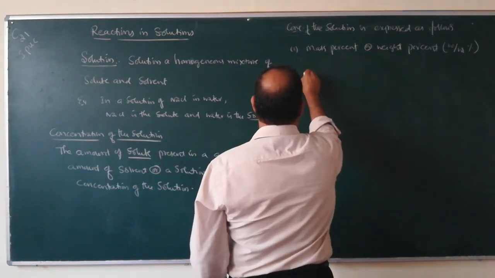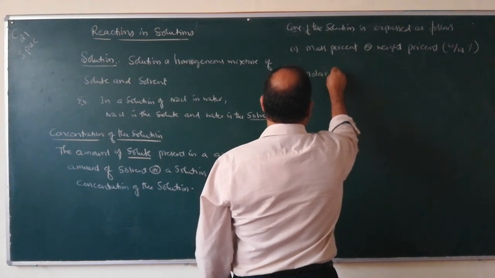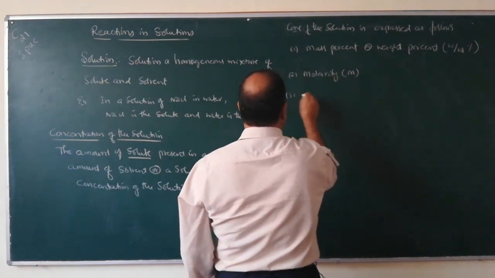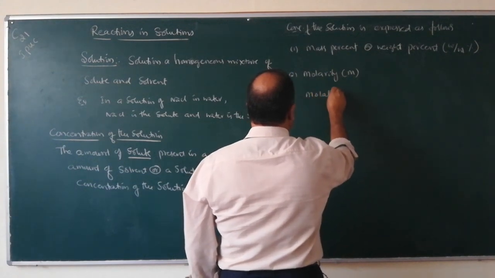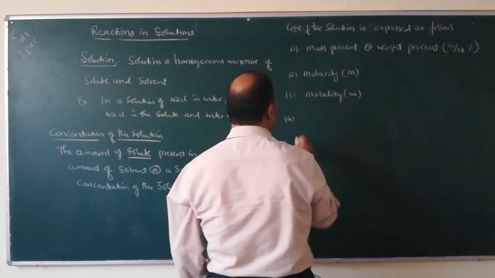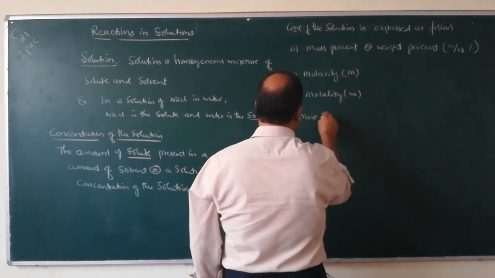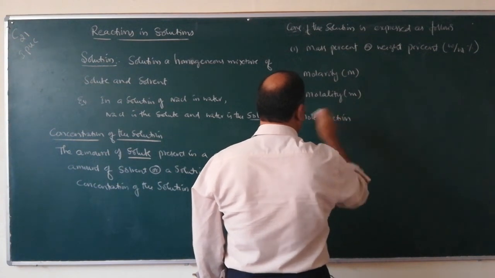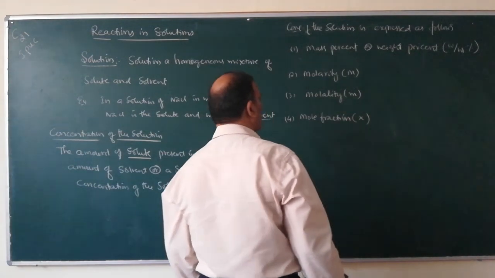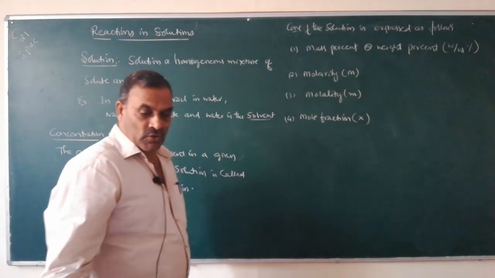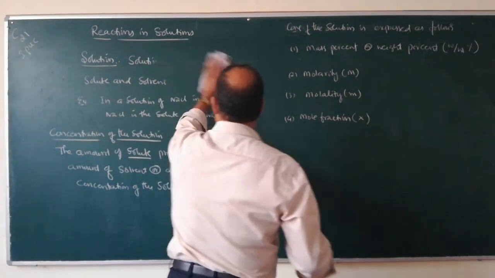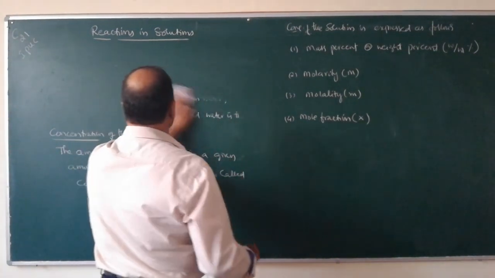Number 2, molarity, it is capital M. Number 3, molality, small m. And number 4, mole fraction, that is X. So these are all the different ways of expressing concentration of a solution.